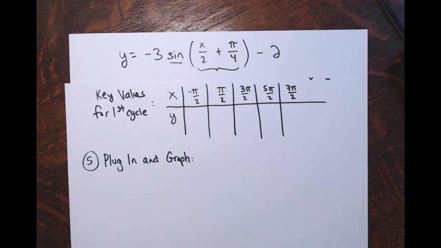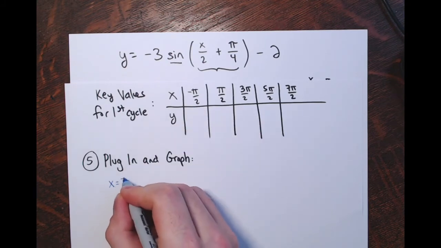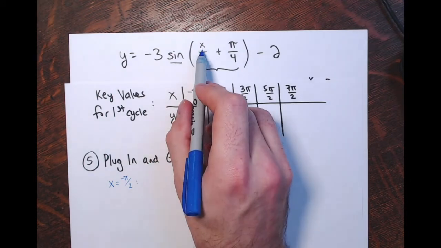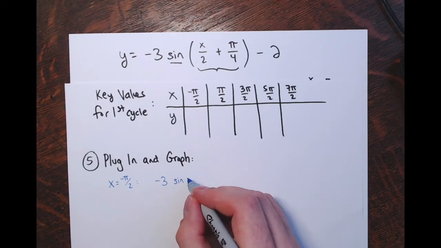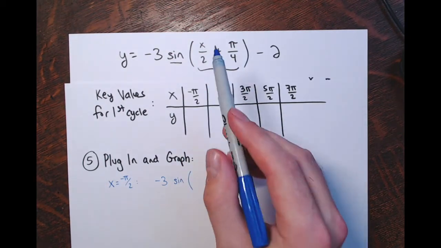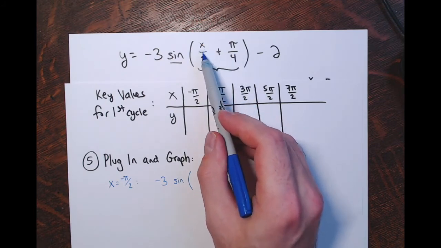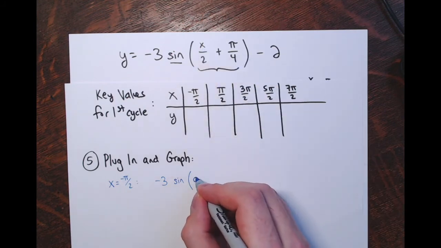I will show you here. When I plug in the first of these key values, negative pi over 2 for x, we'll have negative 3 times the sine of, and then you simplify what's inside. Now when x is negative pi over 2, this would be 0, right? Because half of that is negative pi over 4 plus pi over 4 would be 0.